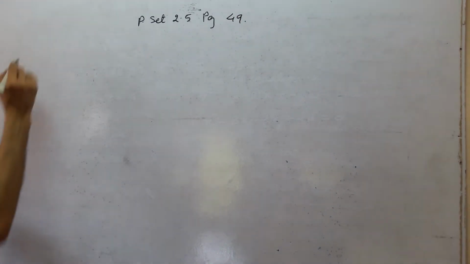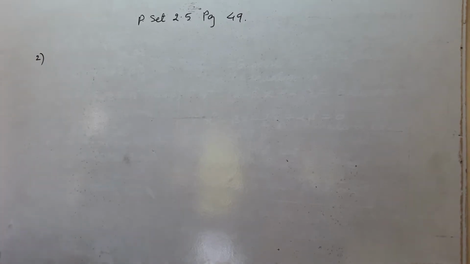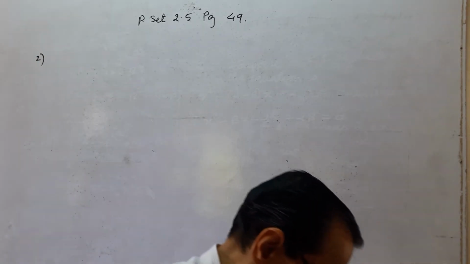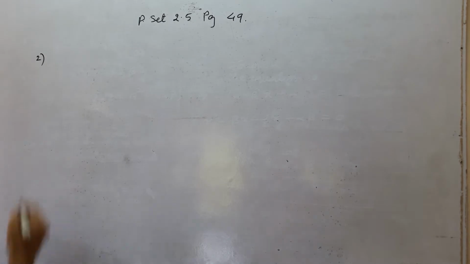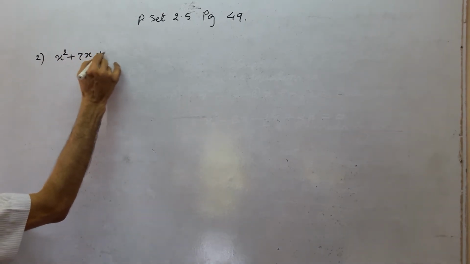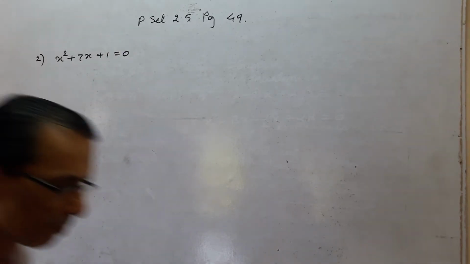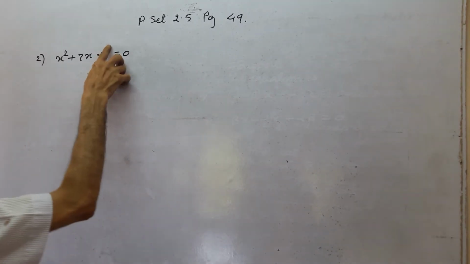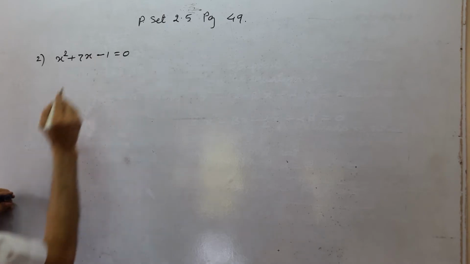Just one sum. First they have given: find the value of discriminant, and the equation is given: x square plus 7x minus 1 equal to 0. And find the value of discriminant.